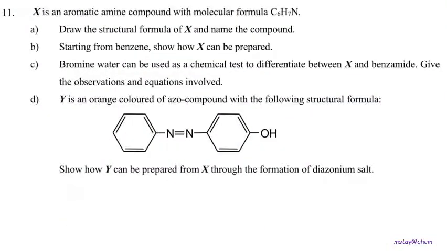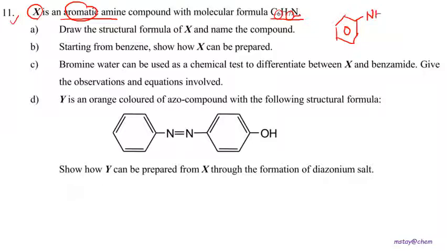Okay, tutorial question 11. X is an aromatic amine with the formula C6H7N. When the numbers of carbon and hydrogen are quite similar, basically we know this compound consists of one benzene ring, and then we have the nitrogen. Since the question says aromatic, that means this nitrogen is going to attach to the benzene ring directly.